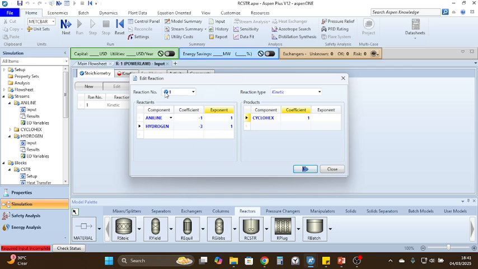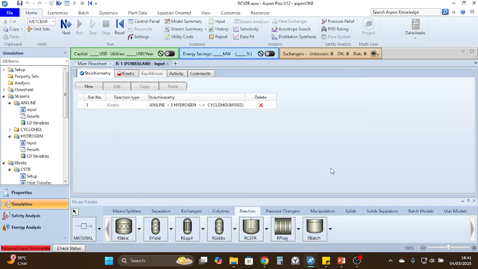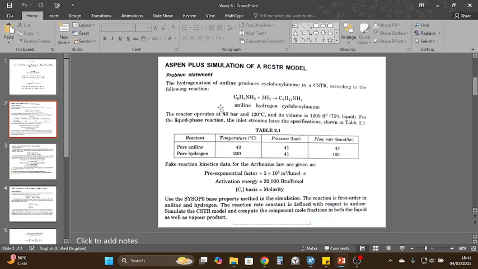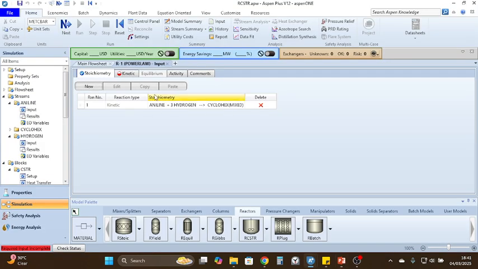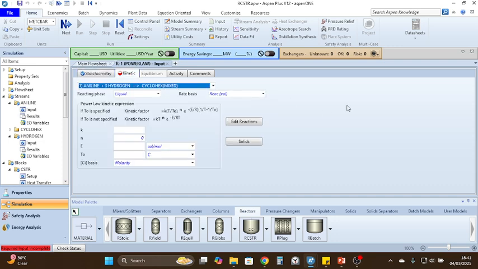Now you can see that the reaction 1 has been specified. Now we close this. You can see that the reaction that we have in our problem has been shown over here. Next we are going to go to the kinetics.